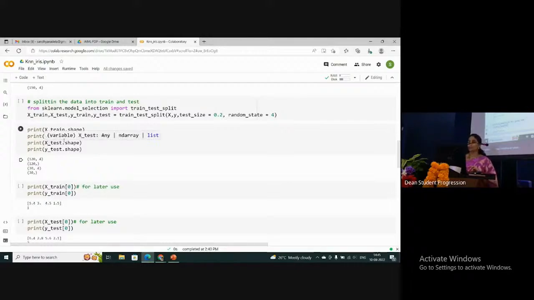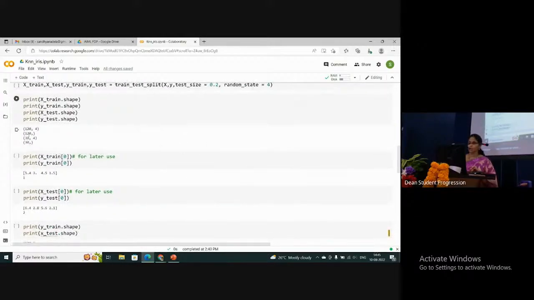So X_train has the four variables, and Y_train has the output for that training data. Similarly, X_test has the 30 tuples, and Y_test has the values for those 30 tuples, which are used for testing.